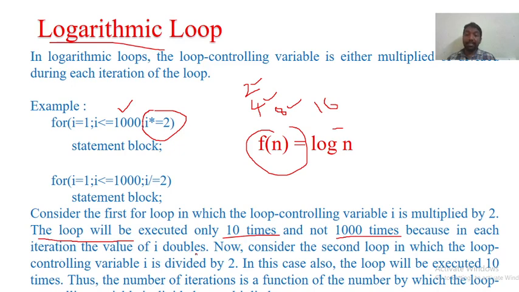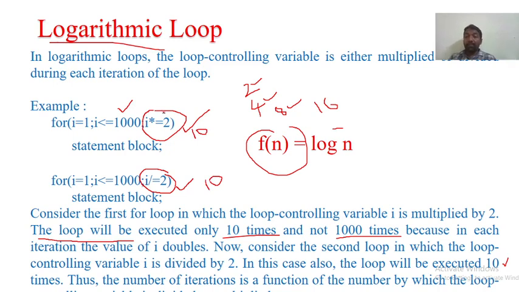Now consider the second loop, in which the loop controlling variable is divided by 2. In this case also the loop will be executed 10 times. So what you observe here is that in this multiplication and in this division, the loop is executing only 10 times, but the linear loop should be executed 1000 times.